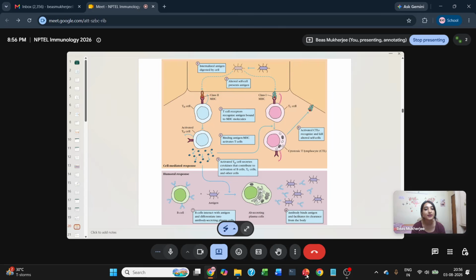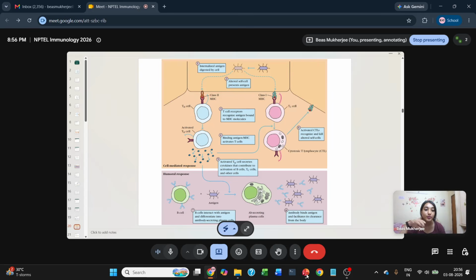Binding antigen MHC activates T cells. Then activated Th cells secrete cytokines that contribute to the activation of B cells and cytotoxic T lymphocytes and other immune cells. So activated cytotoxic T lymphocytes recognize and kill the altered self cells, and they also recognize the MHC class 1 presented antigens, right?